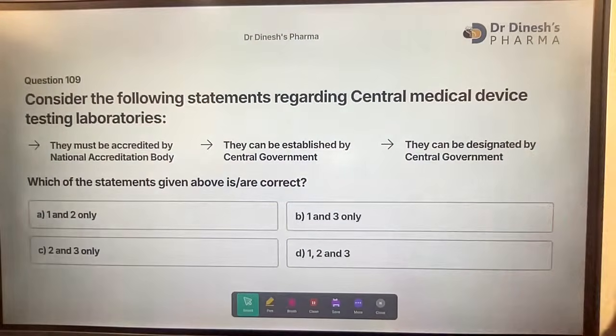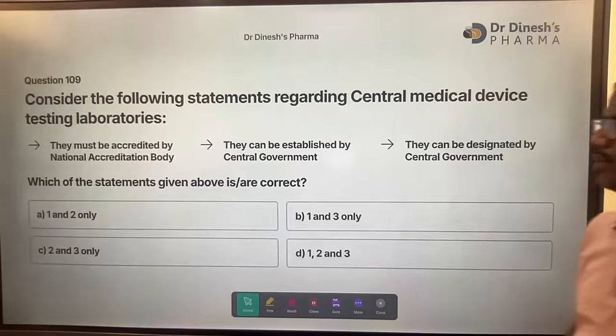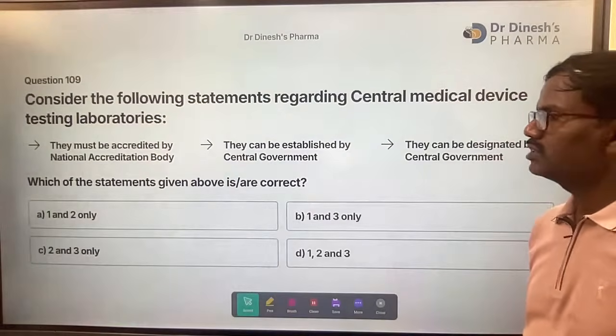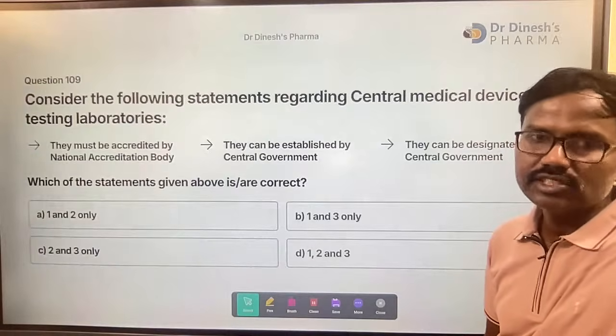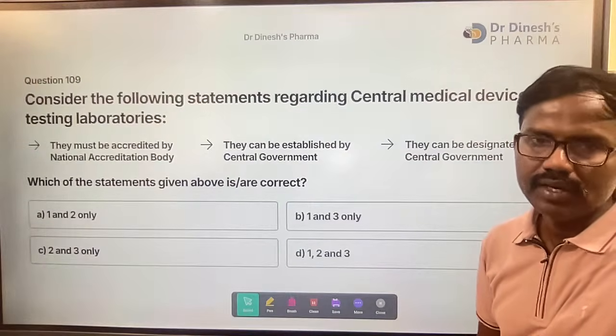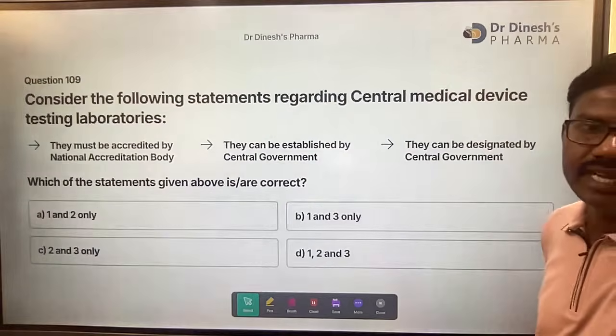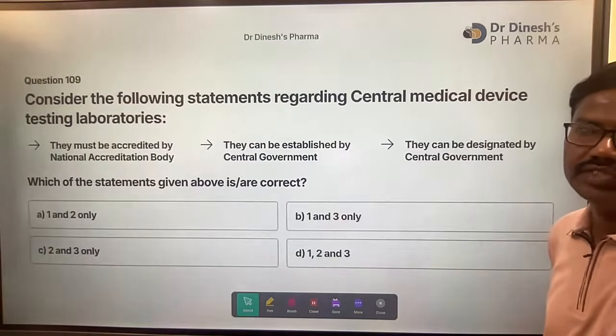Consider the following statements regarding central medical device testing laboratories. One, they must be accredited by the National Accreditation Body. Two, they can be established by the central government. Three, they can be designated by the central government. Which one is correct?